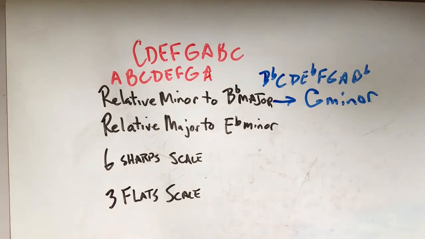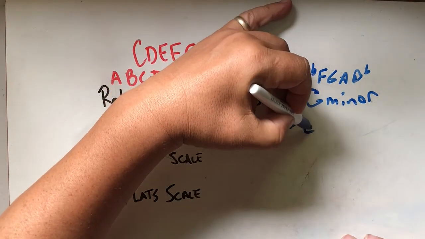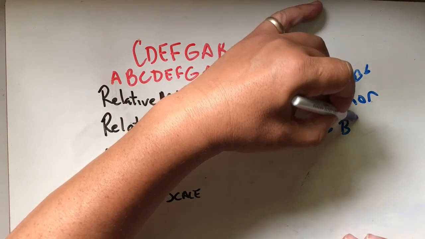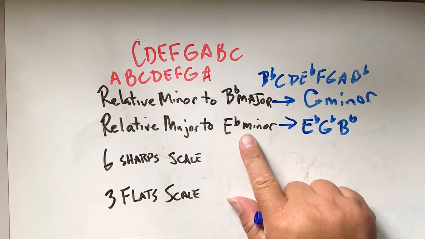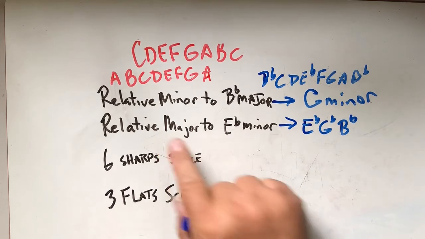Now, if you said, I've got E flat minor and I want the relative major, you have to do this in a different way. What you're going to do is spell an E flat minor chord. Okay? So you see an E flat minor key and I want the major that's relative.